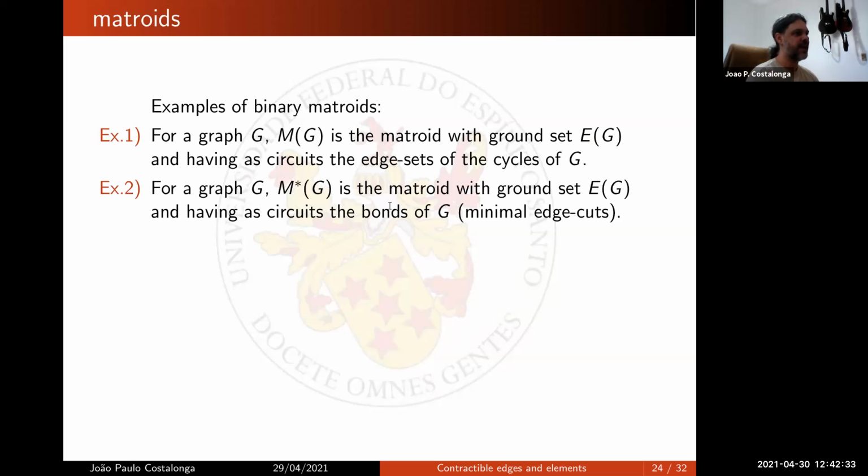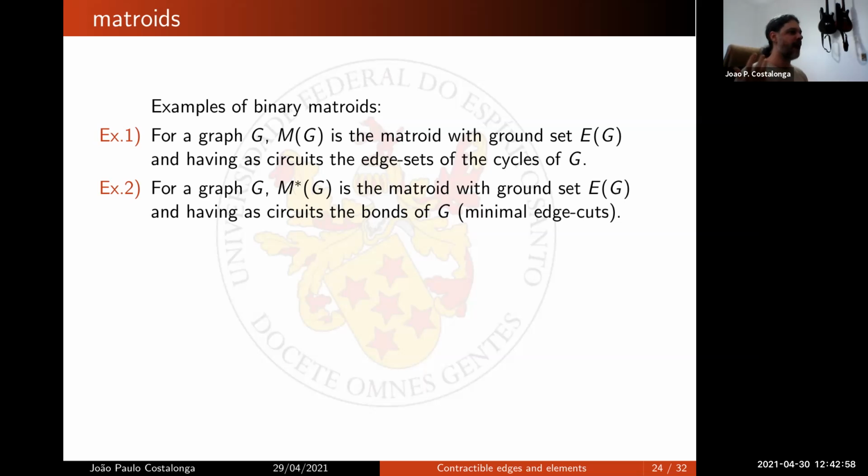Well, and there is the dual example. It's a dual in the sense of the dual of plane graphs, that you can draw a vertex in each face and cross edges, and you have the dual graph. And the cycles of a graph correspond to what we call the bonds of the dual graph.